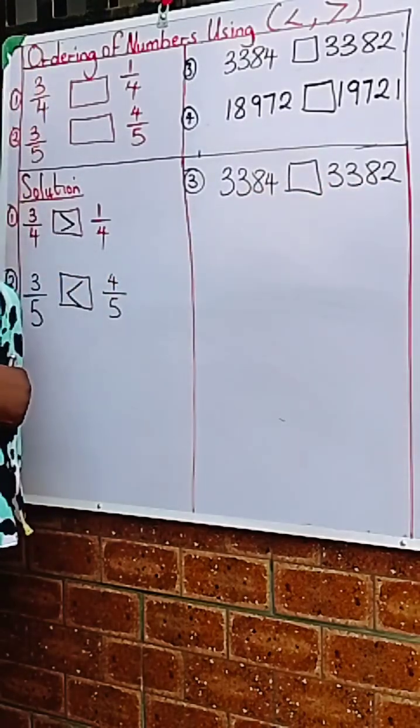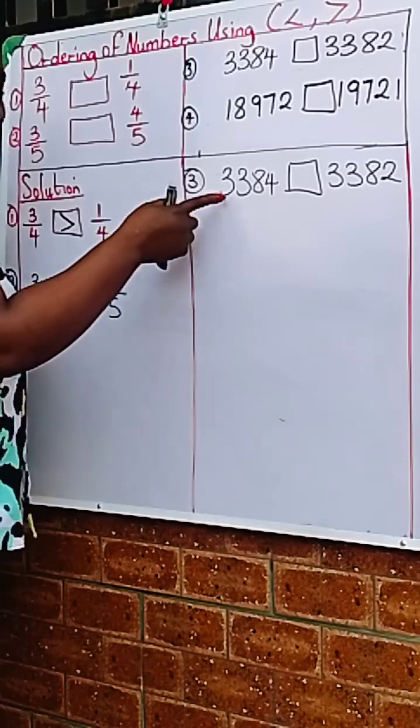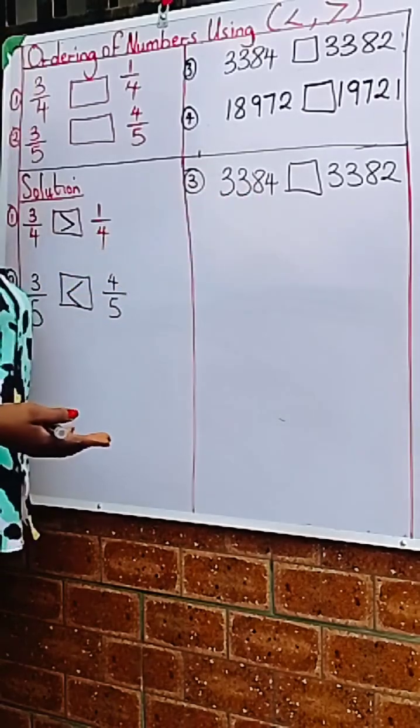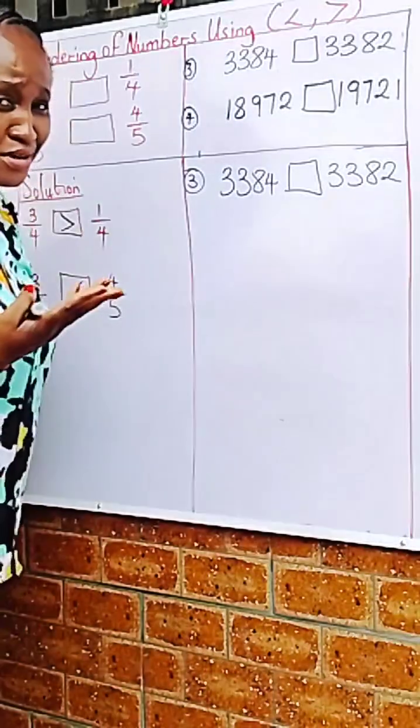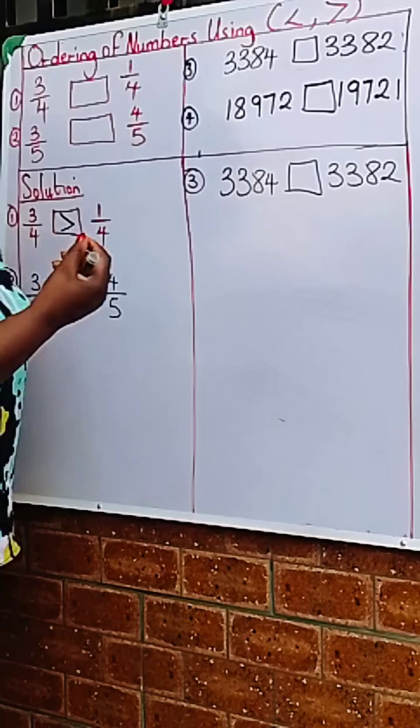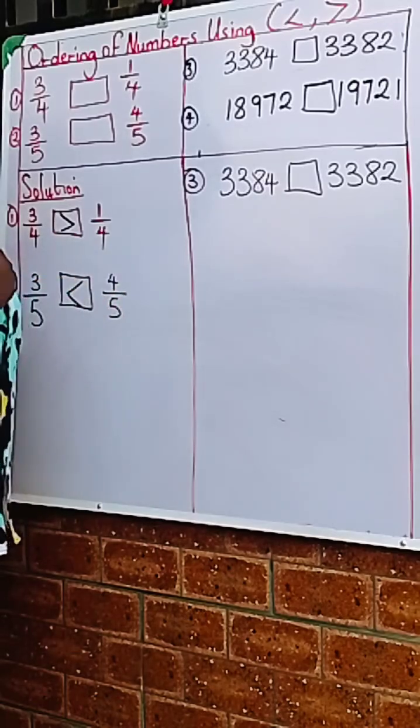Which one is the bigger number? Obviously, it's 3,384. And someone like me, you want to give me 3,384 and ask, okay, please, let me reduce it. I'll say no, leave it for me.